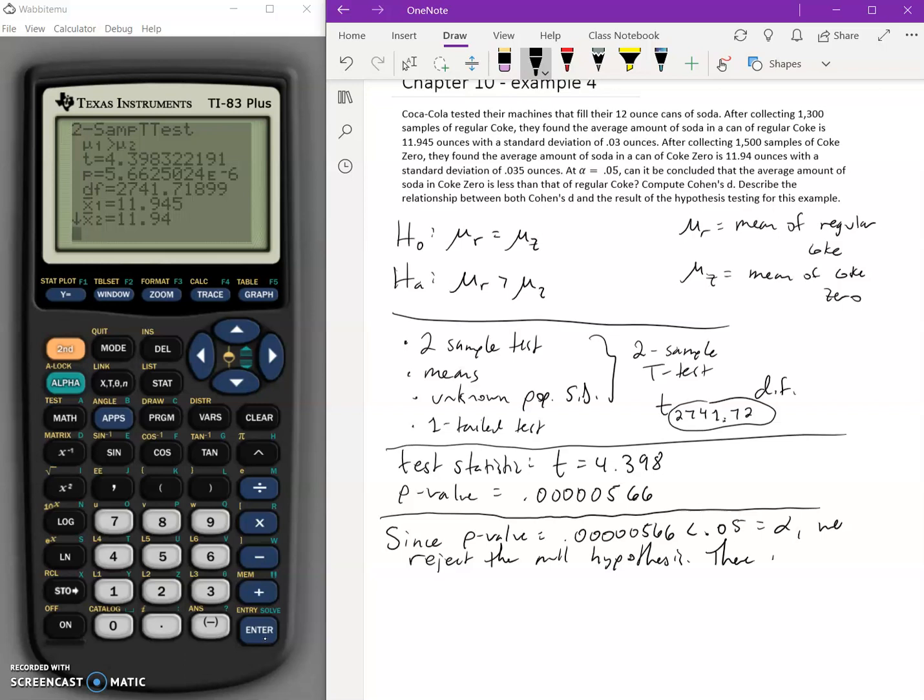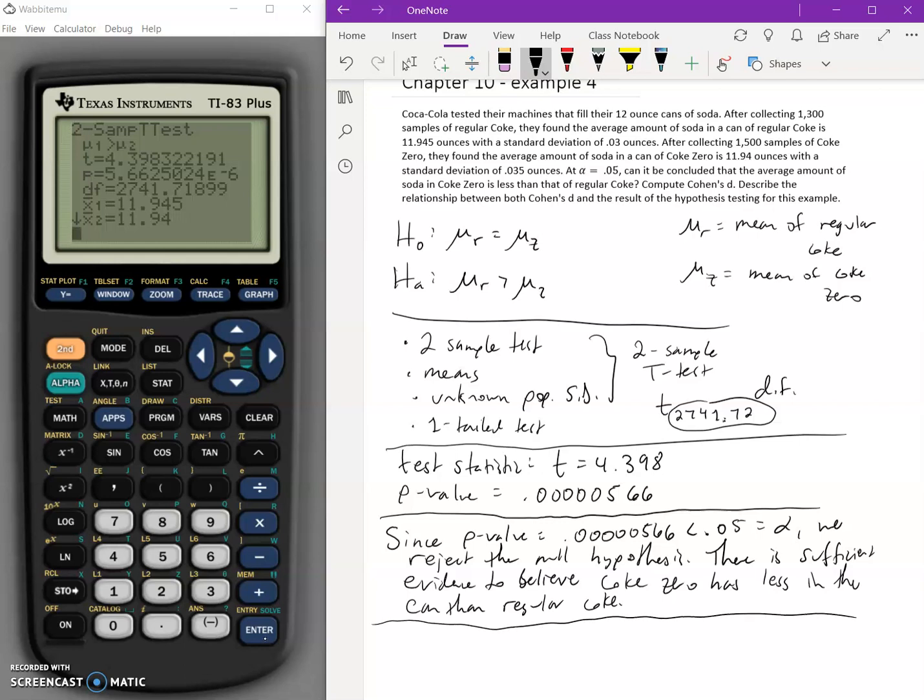There is sufficient evidence to believe Coke Zero has less in the can than regular Coke. Okay, so that is what our statistical result says.